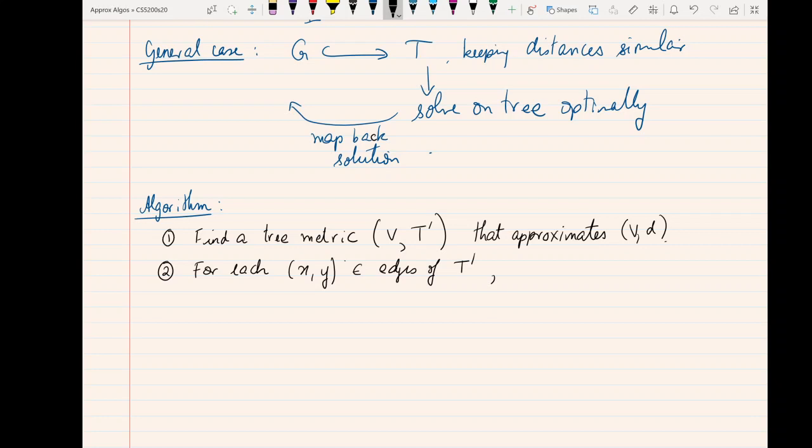For each XY which is an edge in T prime, you find the corresponding shortest path Pxy in G. Clearly the weight on the edge xy of T prime will be somewhat close to the corresponding path length in G. By find, I mean keep track of it. We'll come back to use it in a moment.